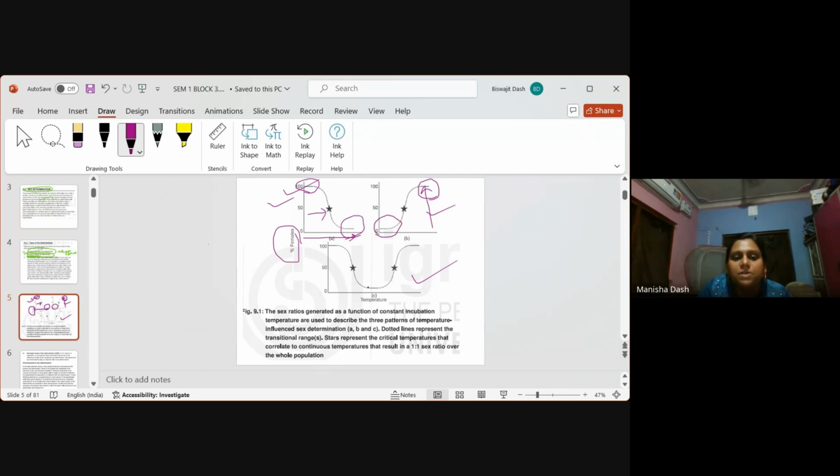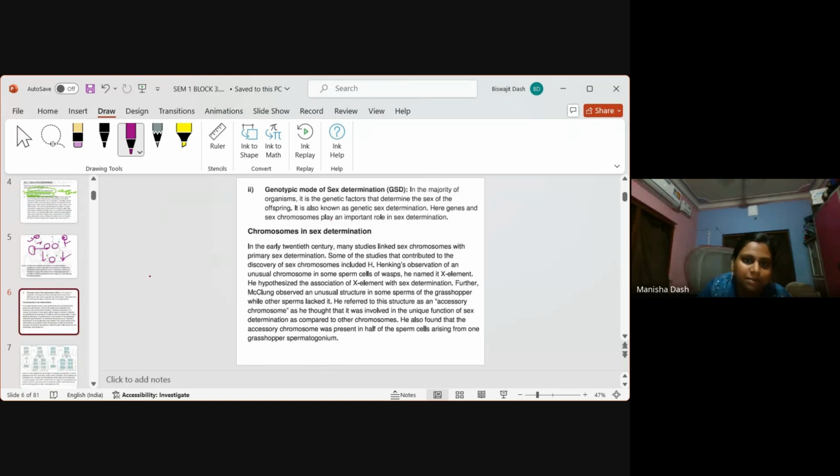Now here in the third graph, there is a little bit of a complex thing. At extremely low temperature and at extremely high temperature, the eggs will develop into females, and at an intermediate temperature, the eggs will develop into males. So this is how the temperature, the environmental factor, is responsible for determining the sex of the individual.